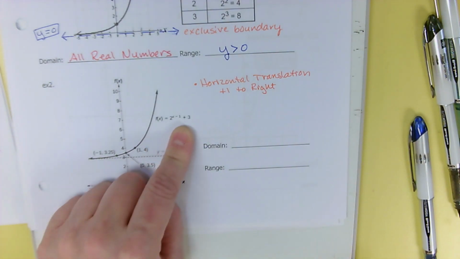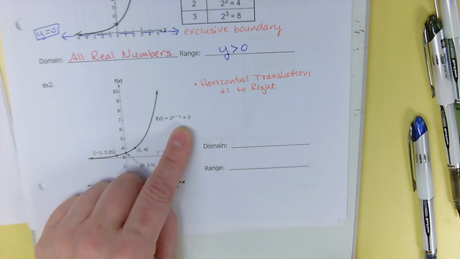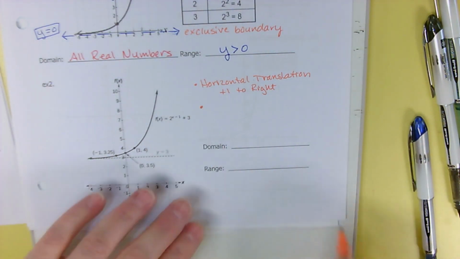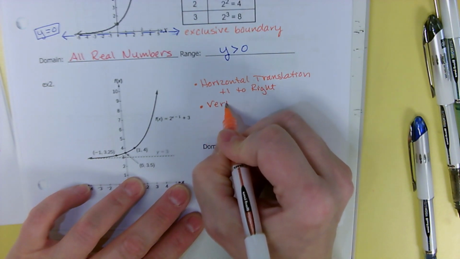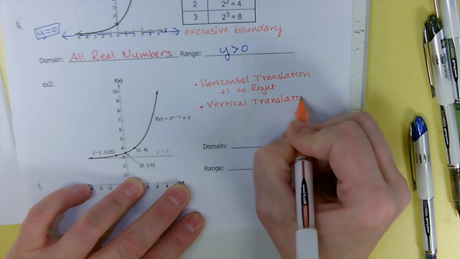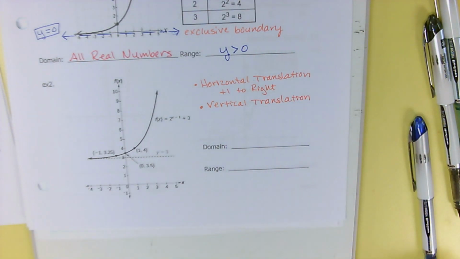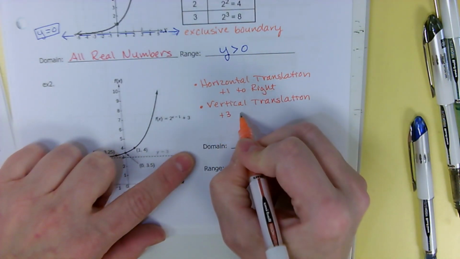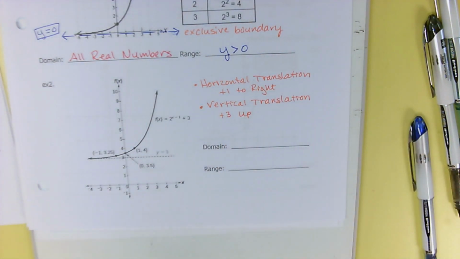Now, outside of the x, there's a plus 3 added to the whole equation. If you add or subtract a number to the whole equation, that is a vertical translation. And when it comes to vertical translation, what you see is what you get. So this would be plus 3 up. So vertical is up or down.